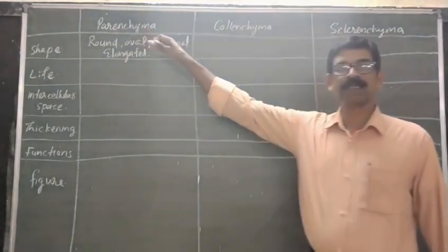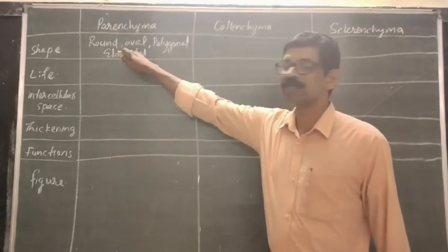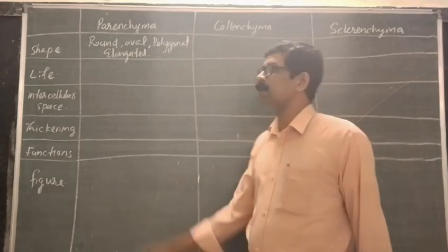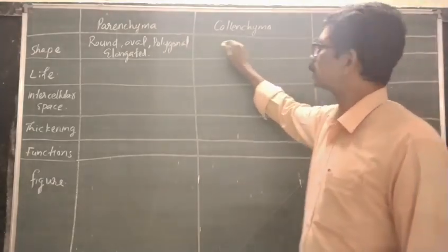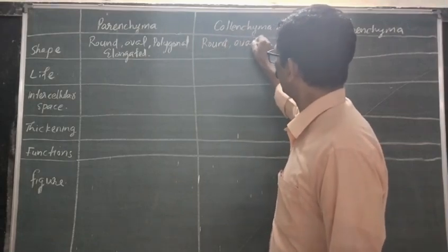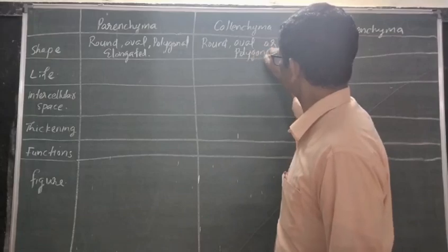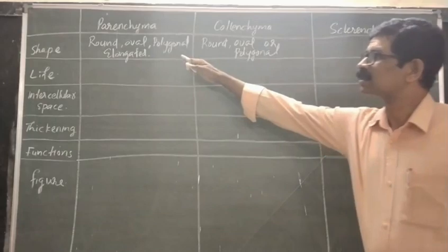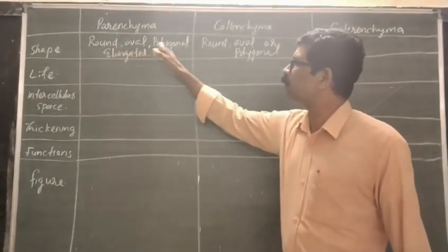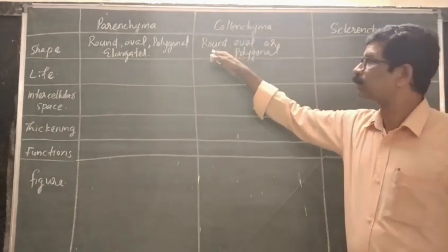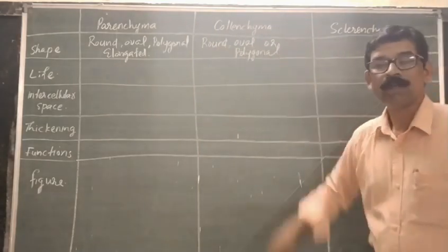But at the same time, the collenchyma cells are mostly found round, oval, or polygonal.